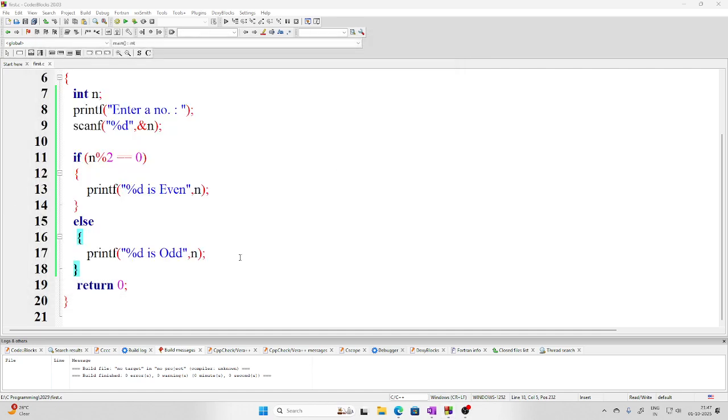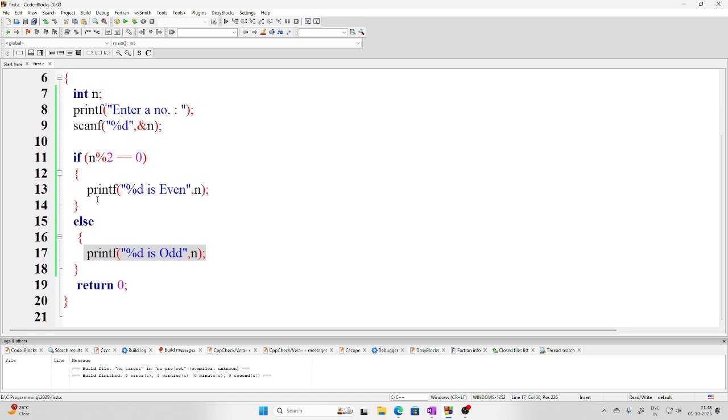So in this way, friends, you can write your conditional statements, if else. Always remember that there should be a block of if. Some people, if there is only one statement, don't write the flower brackets.